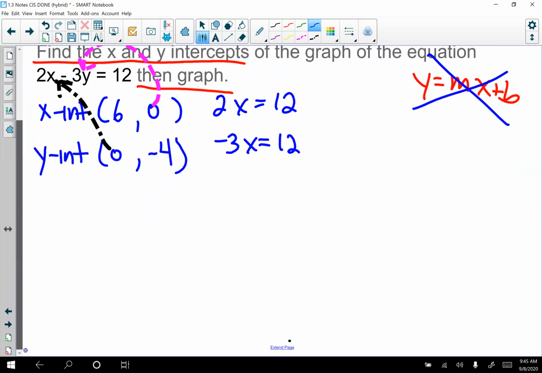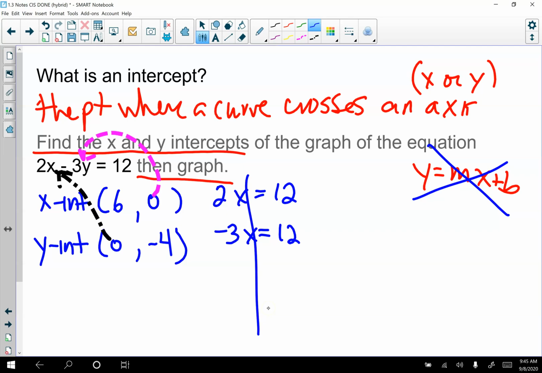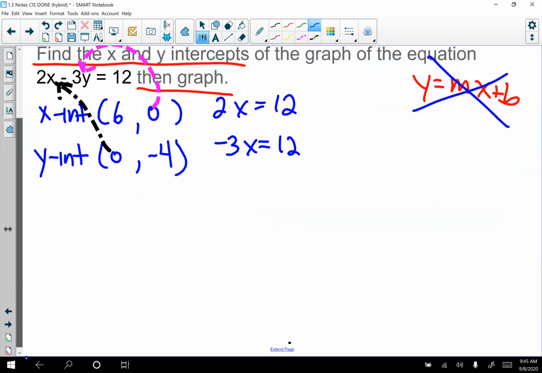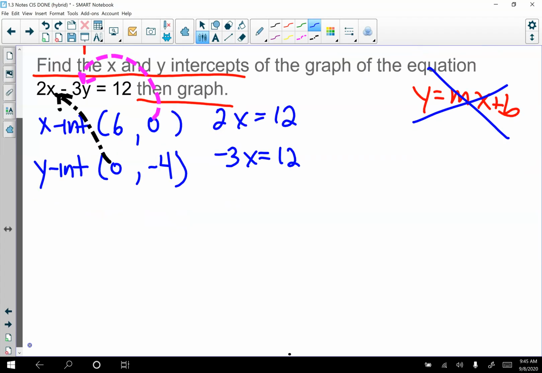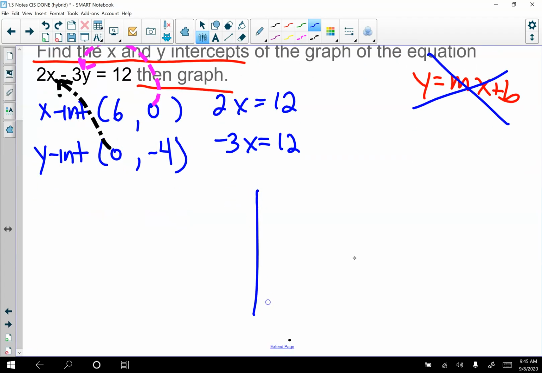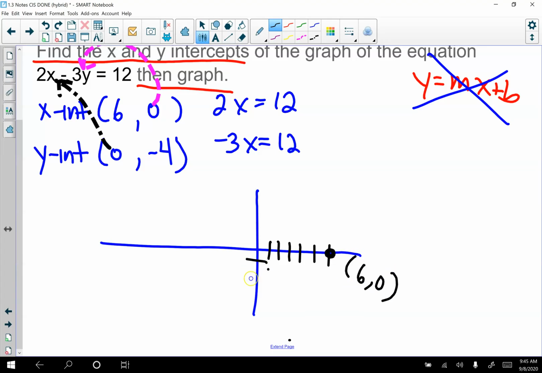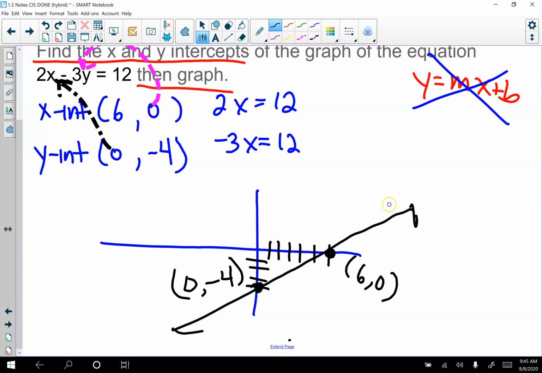So the only thing that I should be seeing on your graph are those intercepts. So 6, 0. And 0, negative 4. And then I'm going to draw my line through those two intercepts. Very different than the last screen where we were doing slope-intercept forms.